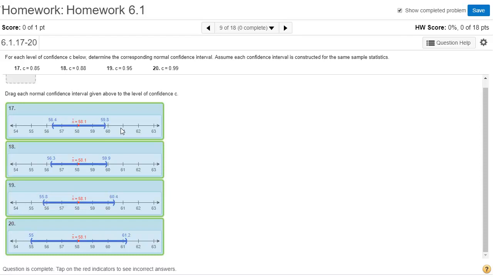Now also remember, the whole purpose that we're doing confidence intervals is we're trying to, I'm going to say, catch the population mean in this interval. So we're taking a sample, we're finding the sample mean. We build a confidence interval of 85% is what this one would be, the smallest. And what we would do is we would say we are 85% confident that we have caught the population mean somewhere in this interval.